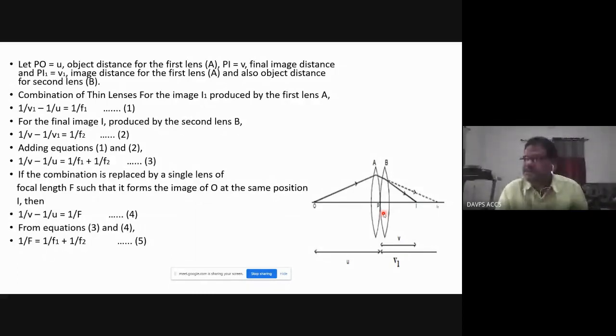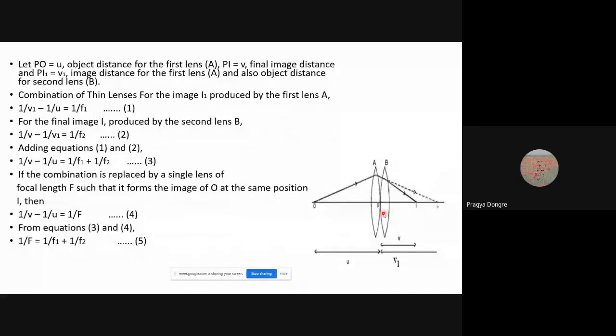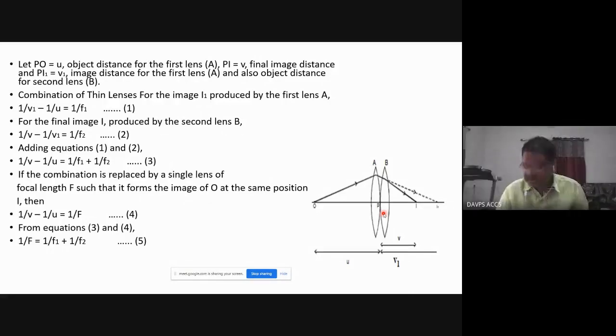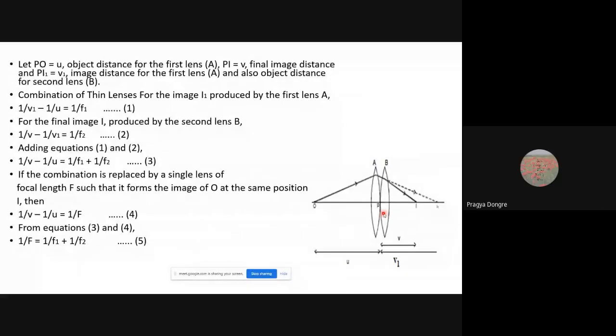Mashumedo, what is the focal length of the combination? Mushkan? Sir, 1 by capital F equal to 1 by F1 plus D plus 1 by F2.